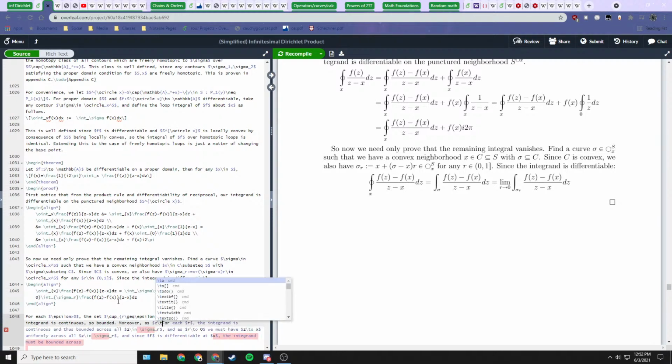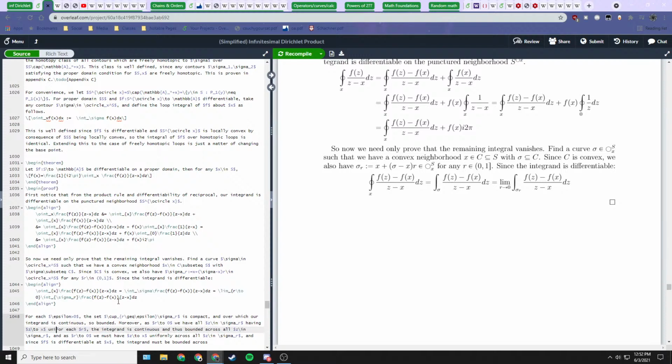Moreover, as r goes to 0, we have all z in sigma sub r having z go to x. Actually, let's do it this way.